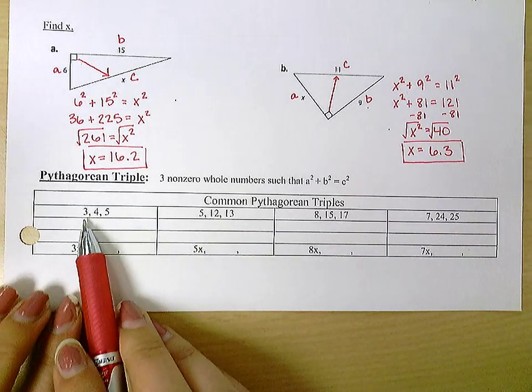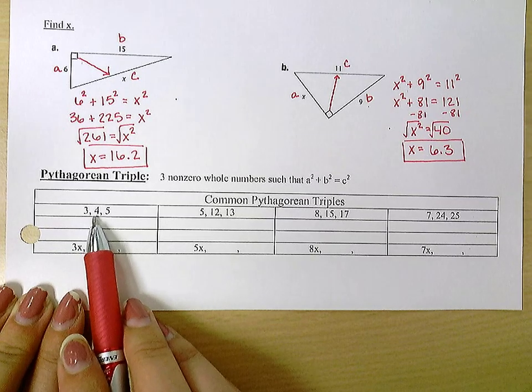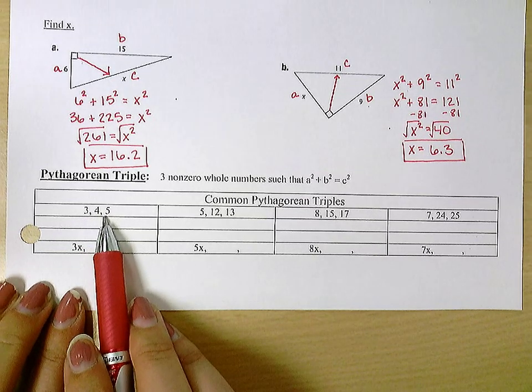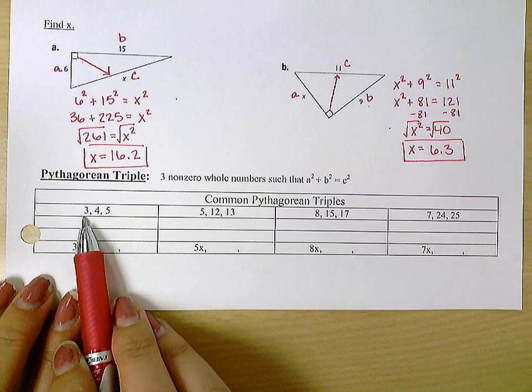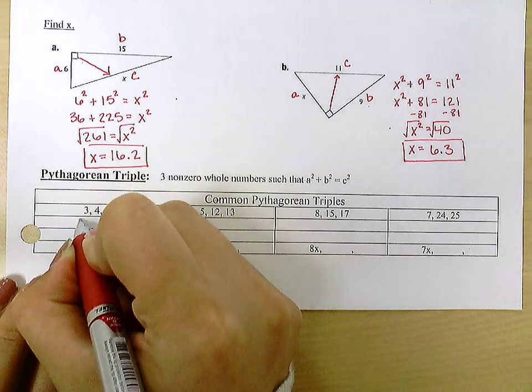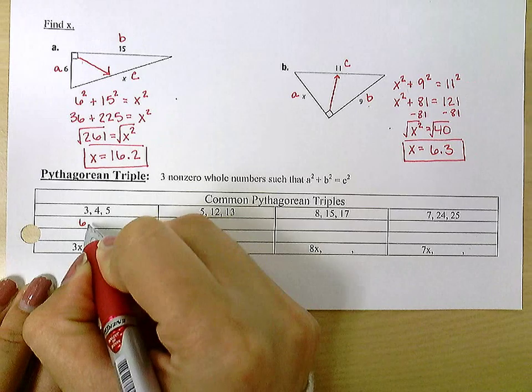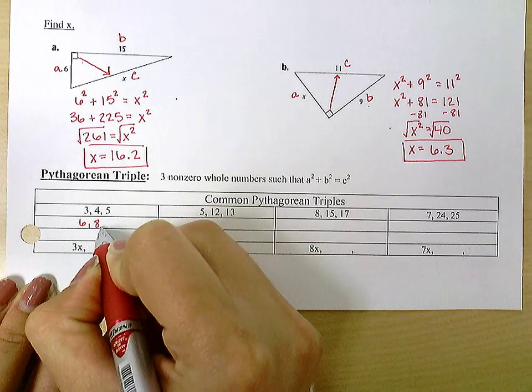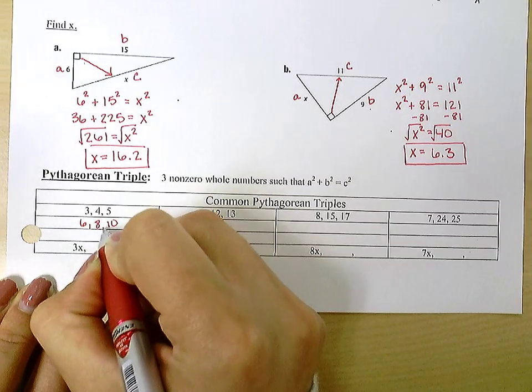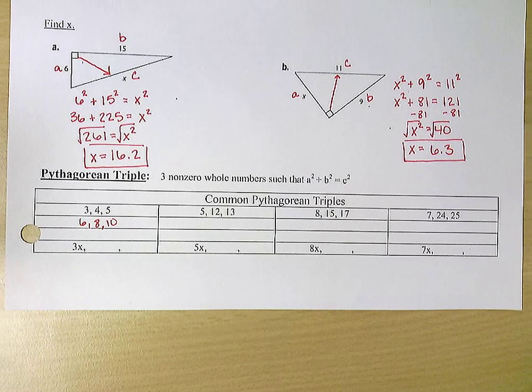So what I can do is I can multiply each of these numbers by 2. So 3 times 2 is 6. 4 times 2 is 8. And 5 times 2 is 10. Now the biggest number in each of these is your hypotenuse.